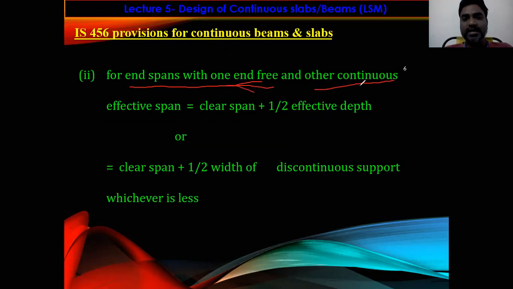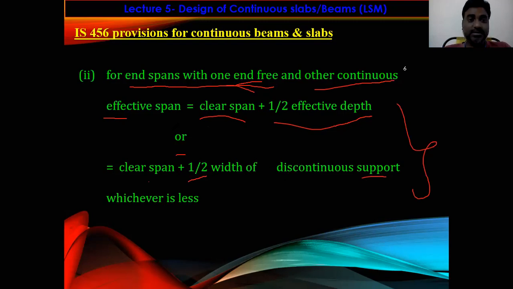Now it is one end free and other end is continuous, then the effective span should be calculated by using clear span plus half of the effective depth, or clear span plus half of the width of discontinuous support, whichever is less. So that we should take.